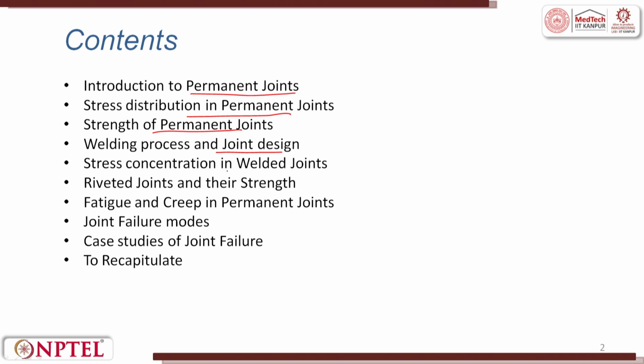Then stress concentration in welded joints. Riveted joints we will talk about. We will give you more details on riveted joints and the kinds of failures and fatigue that are there in permanent joints. Joint failure modes. Some case studies we will see of why and where joint failure happened and what was a catastrophic failure because of it.